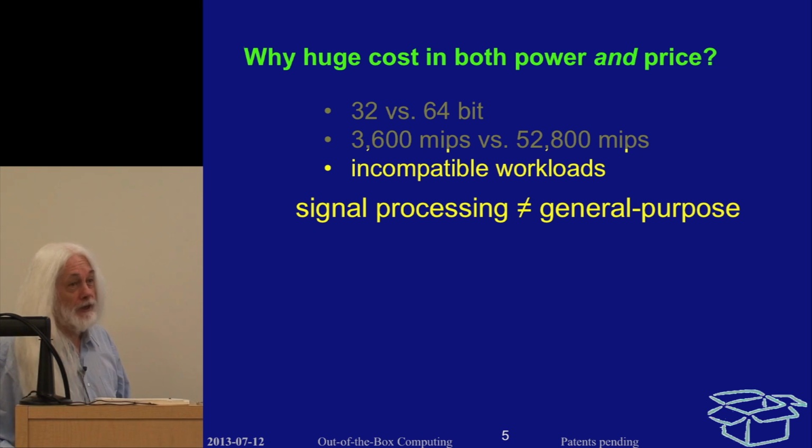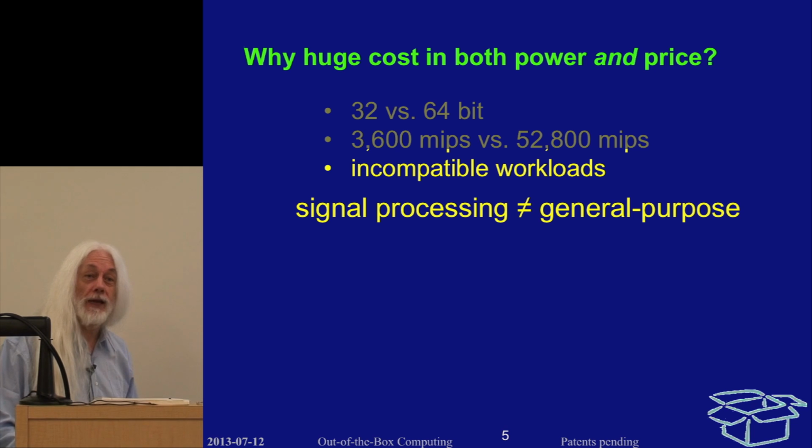A DSP VLIW trying to run the laptop in front of me would be truly horrible. Now, it's true that if you have a DSP workload, you could probably run that on the superscalar so long as you had enough Freon to keep it cool.